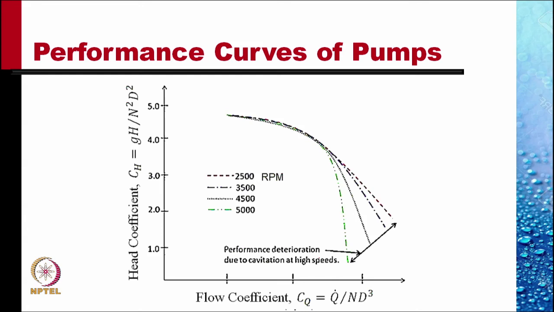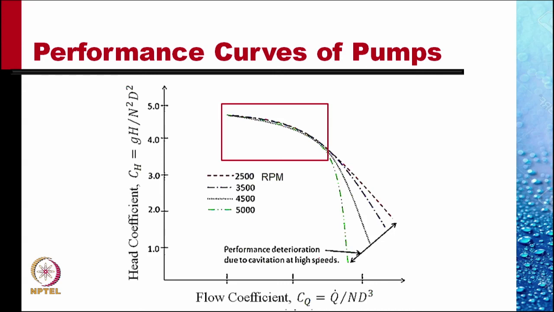For a pump, if we plot the head coefficient CH against the flow coefficient CQ dot, we get one single curve at all RPMs.